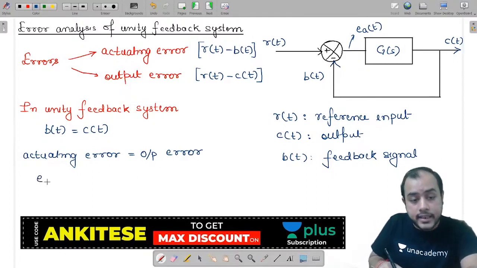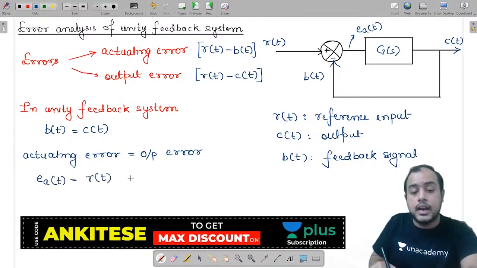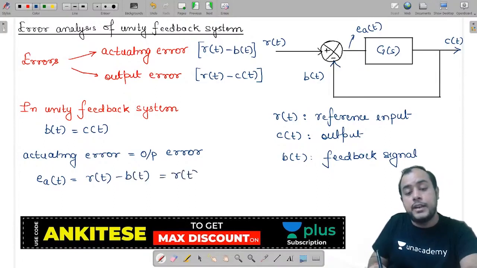So what I say is, actuating error is R(t) minus B(t), but due to unity feedback, it is R(t) minus C(t).